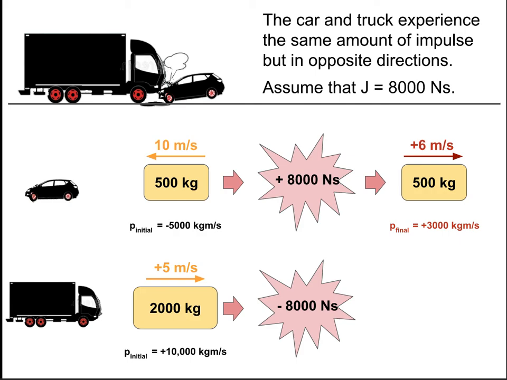It's still 8,000 Newton seconds, but we would assign it a negative value because it points in the opposite direction. To find my new momentum, I would combine 10,000 initially with this negative 8,000 impulse, and I would get a momentum of positive 2,000 kilogram meters per second.